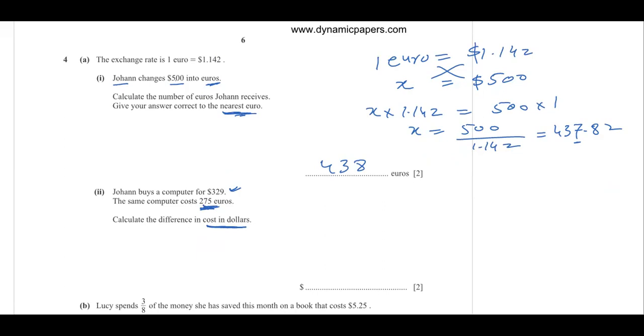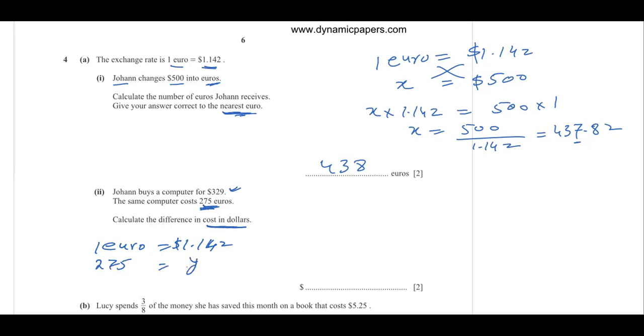Okay, as we know, 1 euro is equal to 1.142 dollars. So now having 275 euros, how many dollars will it be?